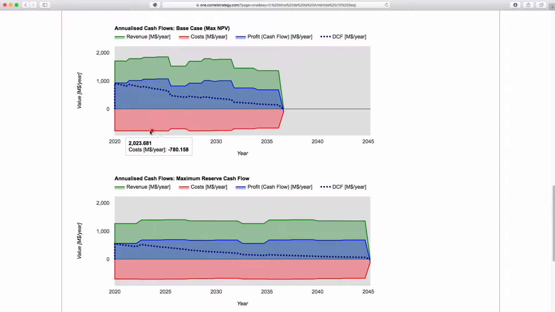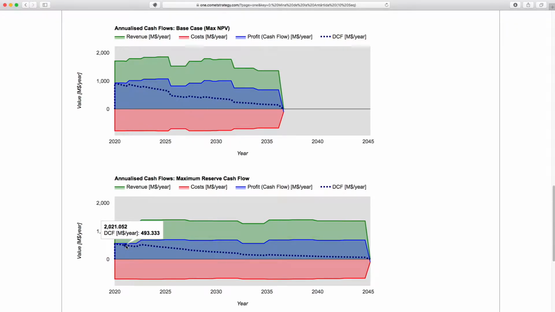But one of the really big areas that are different is that we have the discounted value of the profit plotted here. And you can see in the early years, we're looking at $800 million a year going to the project value. Whereas down here, we're looking at like $500 million a year.